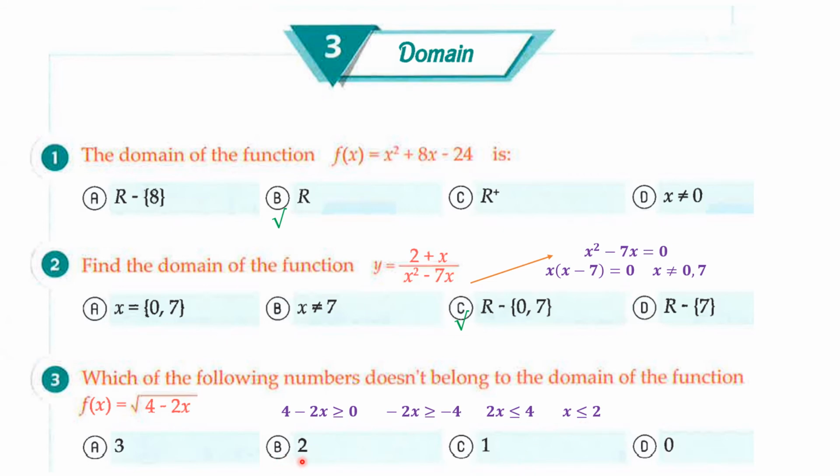So 2 is okay in the domain, and 1 and 0. But 3 is not okay in the domain. Again, I'm repeating, you did not need to do all these steps. You needed to observe quickly, substitute quickly the one that does not make sense to be an x of this domain or of this function. And this is going to be your answer, which is A.